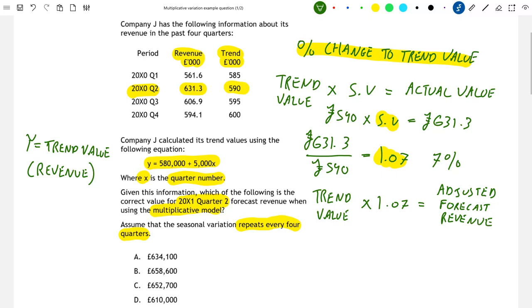And all adjusted means in this context is that we have considered seasonal variation when making our forecast. That is to say, we've adjusted the trend value by the relevant percentage.